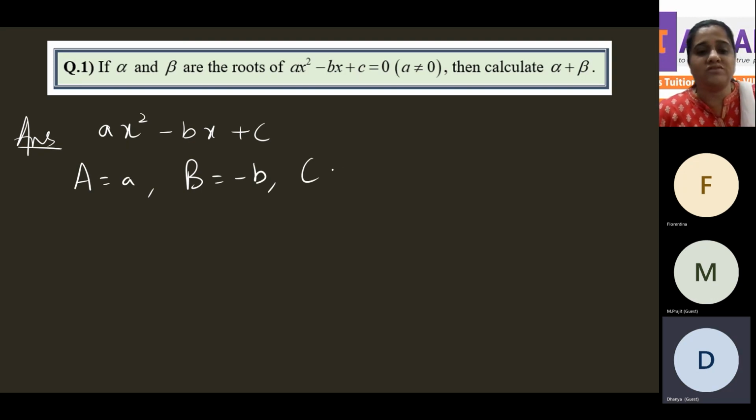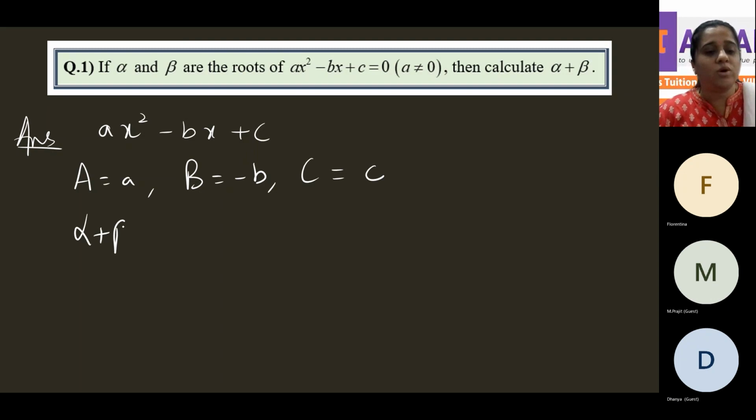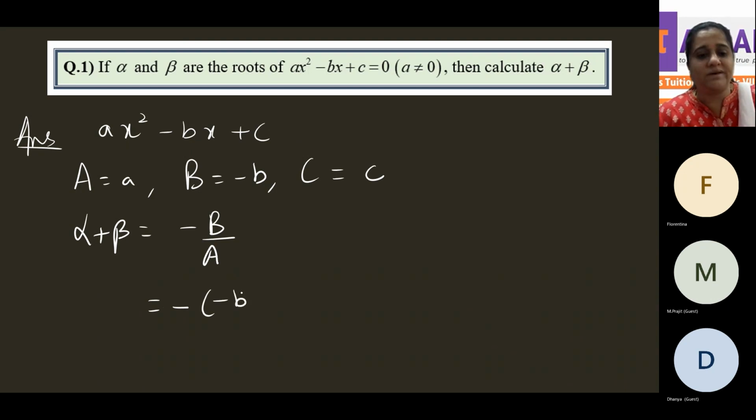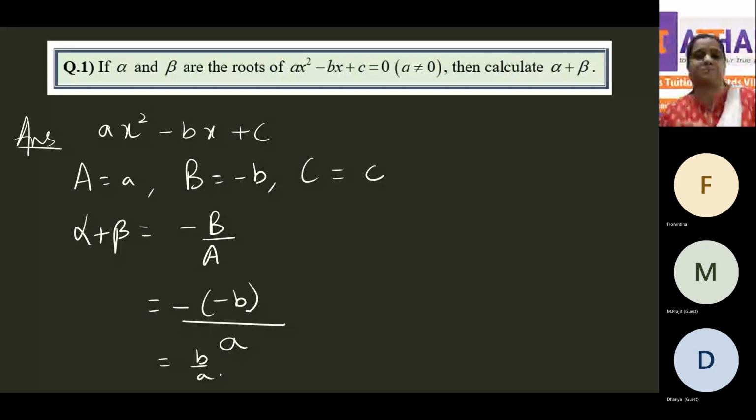Minus B. And what is C? C. Okay, now we need to find alpha plus beta. What's alpha plus beta? Minus B by A. So that is minus, what is B? This one is minus B. Minus minus B is B by A. Since we have small letter ABC already in the expression, take capital ABCs.